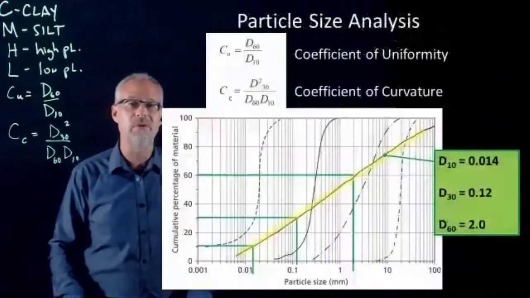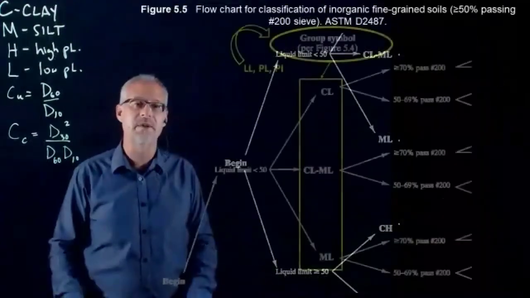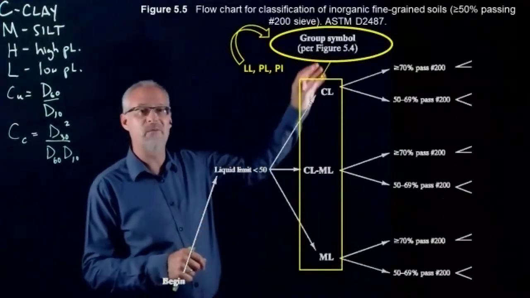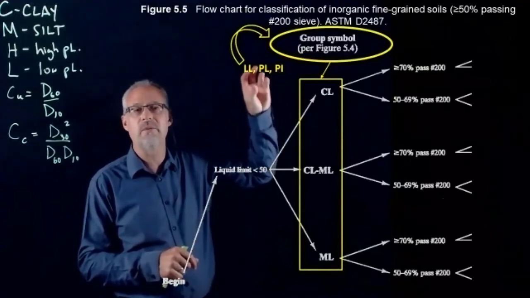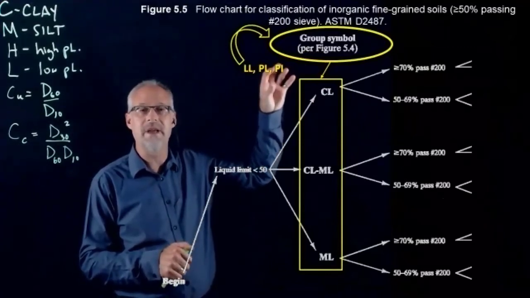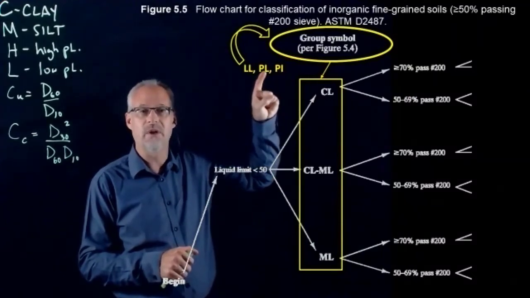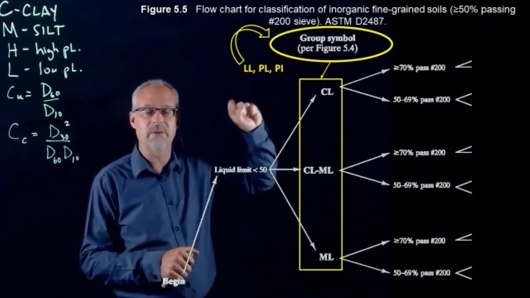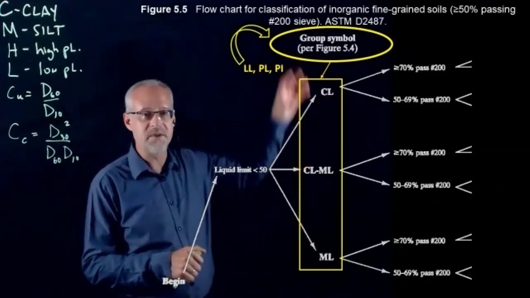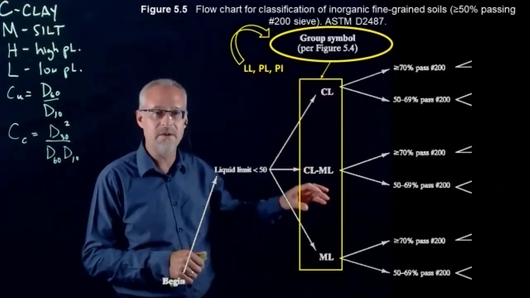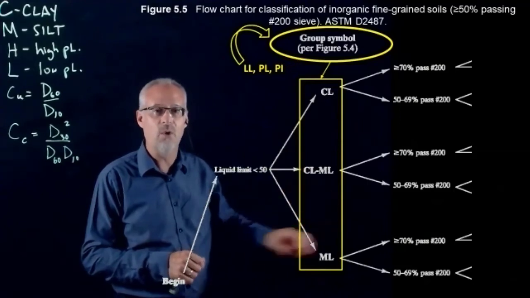We call it figure 5.4 in this particular text. The data comes from the liquid limit, plastic limit, and plasticity index, which is just liquid limit minus plastic limit. So then we give it either a CL, a CL slash ML, or an ML.